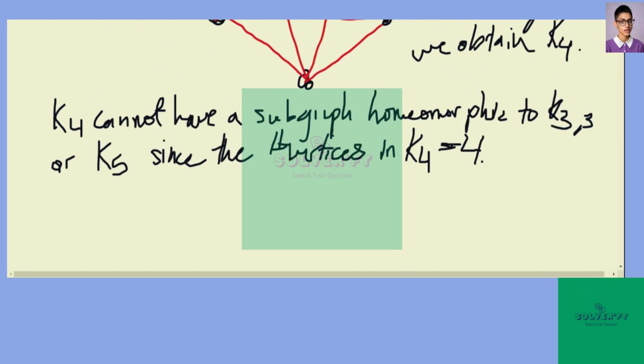Therefore, it follows by theorem 2 that K4 is a planar graph.